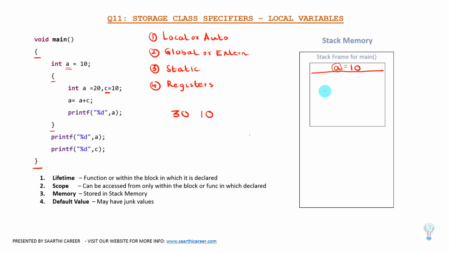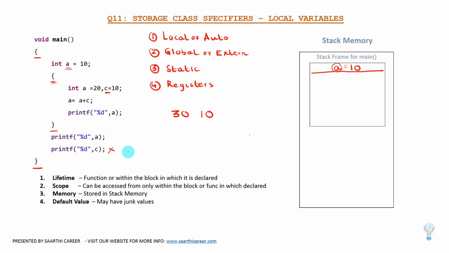Now this is where the compiler will throw an error saying that I do not see any variable c in this stack frame. Please note, this question will not even go beyond compilation, because at the time of compilation itself, the compiler understands that c has access limited to this block of code, and we cannot have any reference to c outside this block of code, and hence it will throw a compiler error at this statement itself.